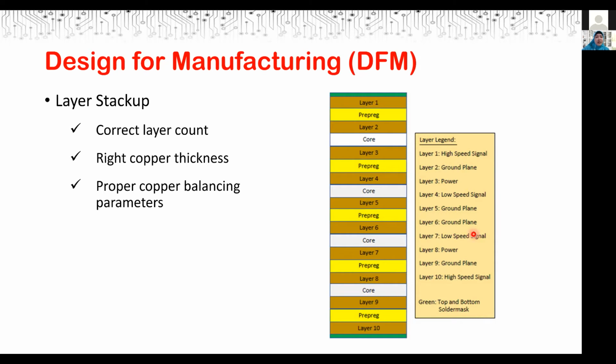For a 10-layer board, the middle line will be between layer 5 and 6. If you look at layers 1 to 5 and 6 to 10, you can see that they are actually a mirror representation between top and bottom half. Okay, so this is an example of a good stack up for proper copper balancing parameters.